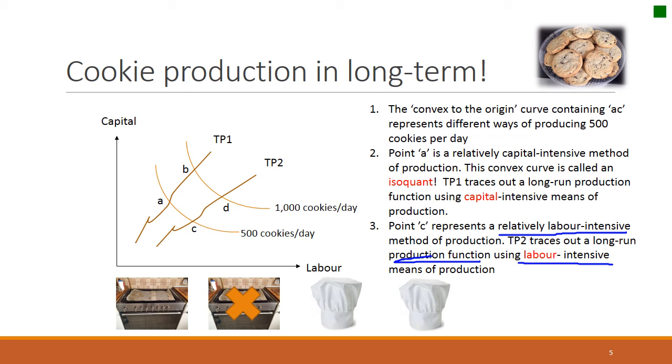There we have a new isoquant with a higher level of production, and there you have the production function, which is TP1, using relatively high amounts of capital and relatively low amounts of labor. So it could be, for example, that you have 2 ovens and 1 chef. Let's call that the relatively capital intensive means of production of our 500 cookies per day.